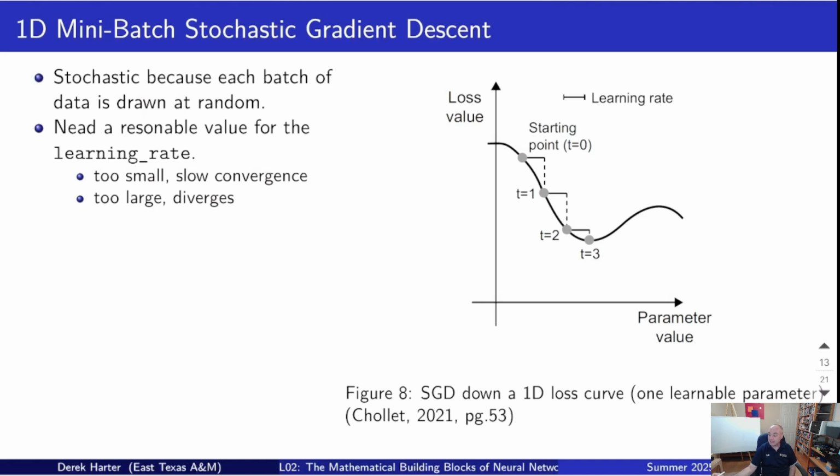And when we update, we need to select a reasonable value for the learning rate. So, if the learning rate is too small, we won't converge. Okay, so basically on the diagram on the right here, from our starting point, if our learning rate is good, when we draw our batch and we calculate the gradient, I'm trying to draw the line to represent the gradient here. Since the derivative is negative, I need to increase my parameter value in order to go to a smaller loss function, right?